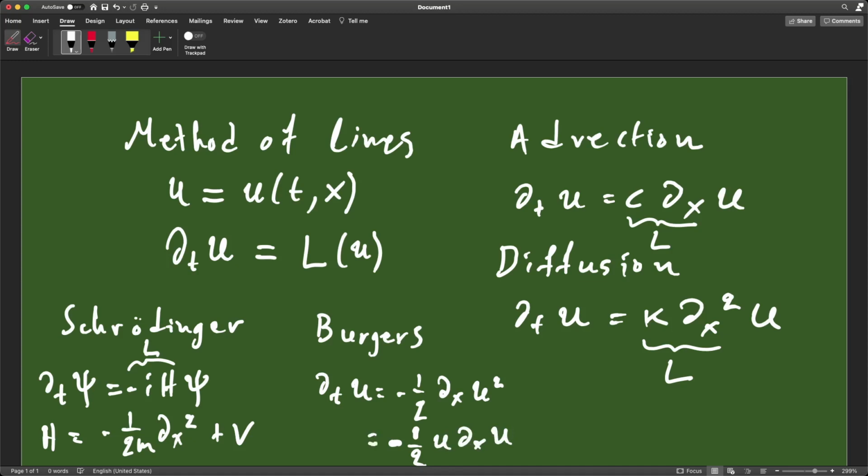This is the inviscid Burgers' equation for zero viscosity. We have a nonlinearity here, a term u squared, or in other words, u partial x u. So now the L operator depends on u. So in this case, L is minus 1/2 u partial x.